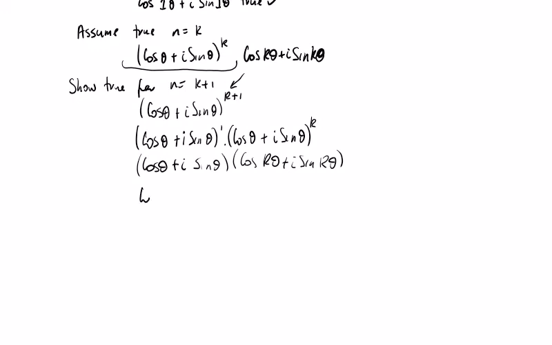We multiply this out, we're going to get cos theta by cos k theta, plus cos theta by i sine k theta, plus i sine k theta by cos k theta, and we're going to have plus i squared, so minus 1, minus sine theta by sine k theta.